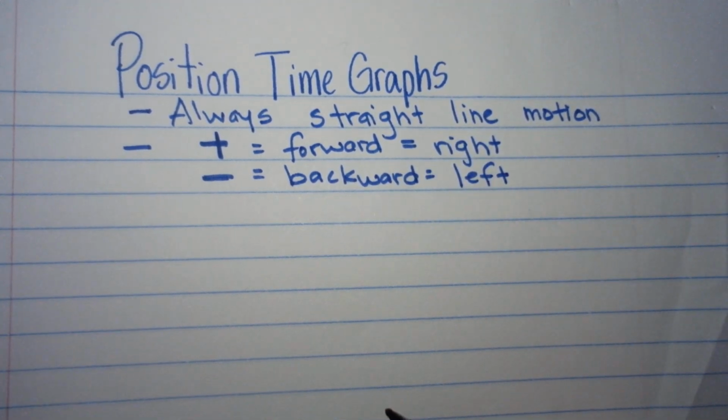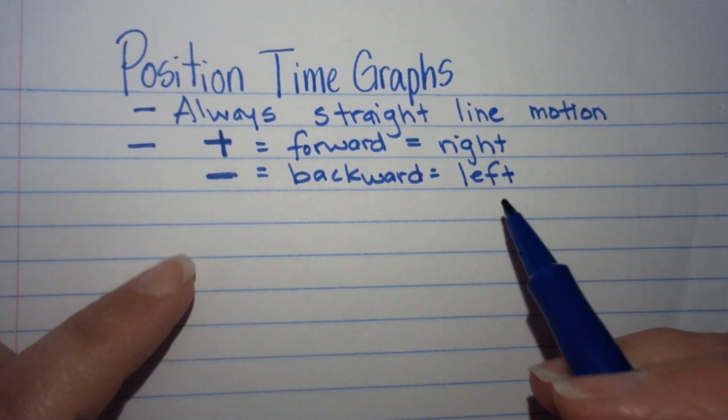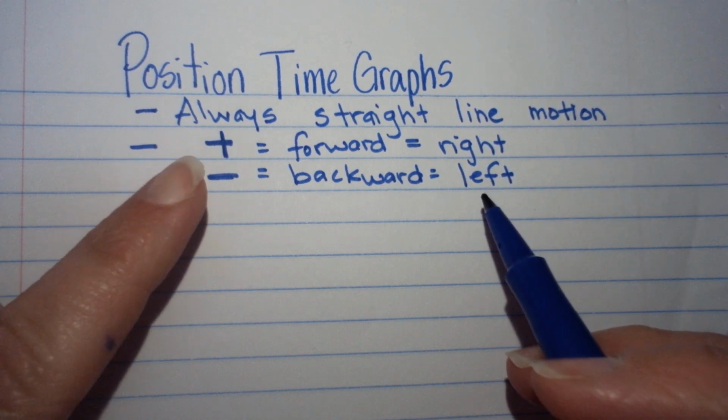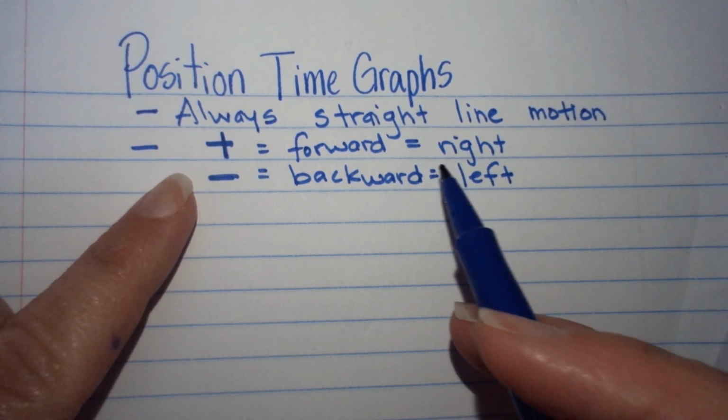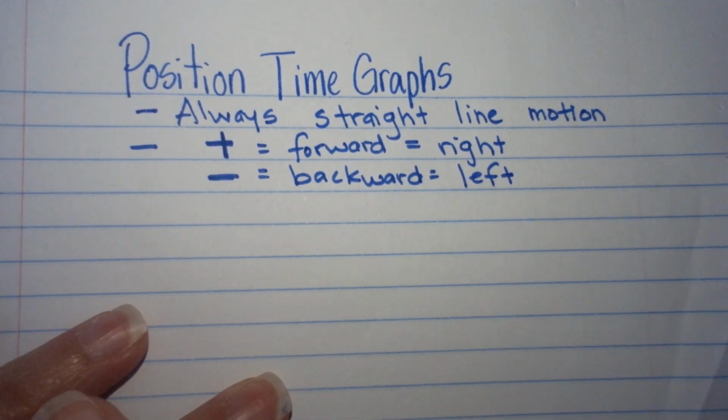Okay. So we're working with displacement, which has a direction because it's a vector quantity, so we need to be able to tell which way we're going when we're talking about position time graphs.